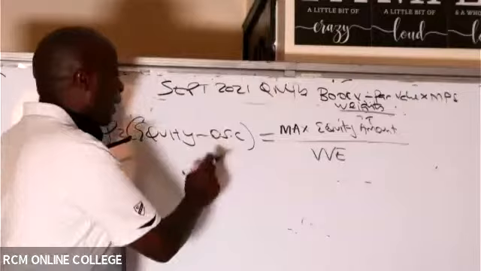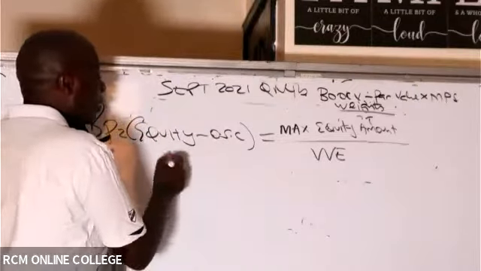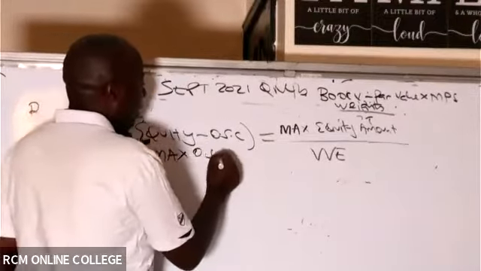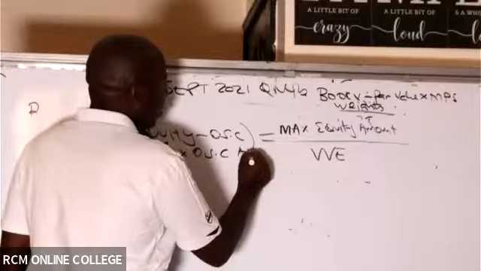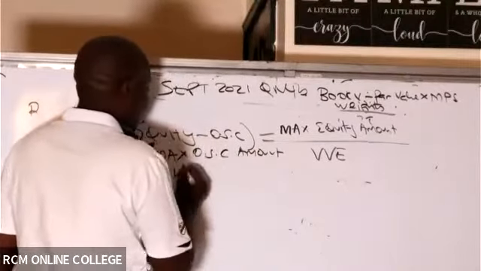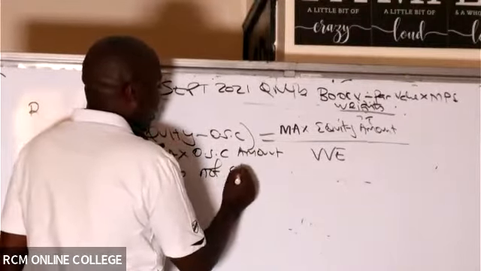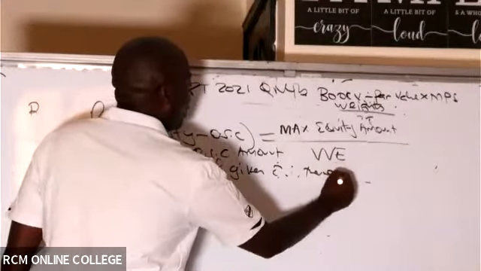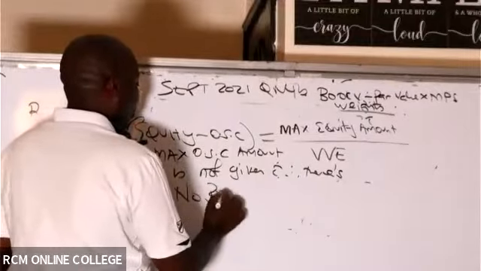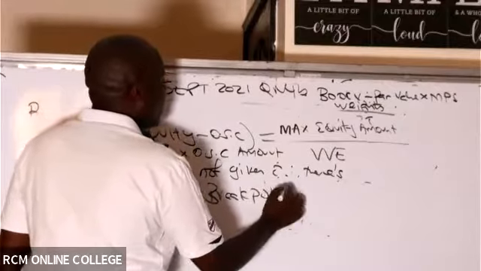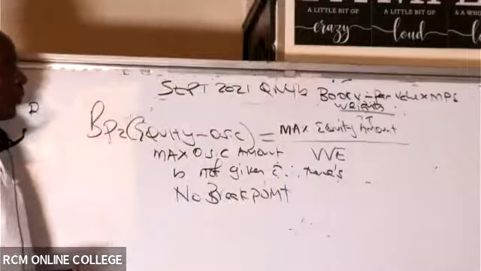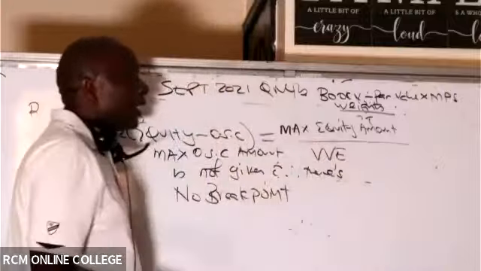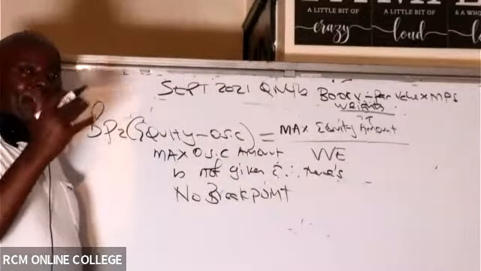So in this particular case, the maximum ordinary share capital amount is not given, and therefore there is no breakpoint. You just write that and you get a mark. So your maximum equity amount is like infinity. No maximum has been given.